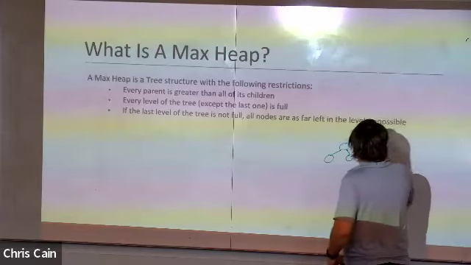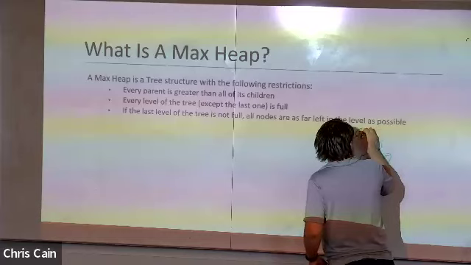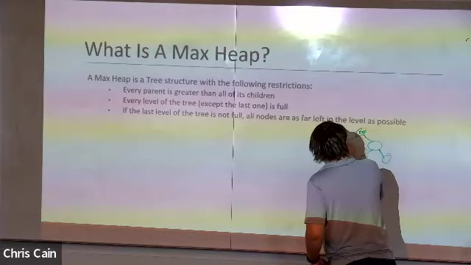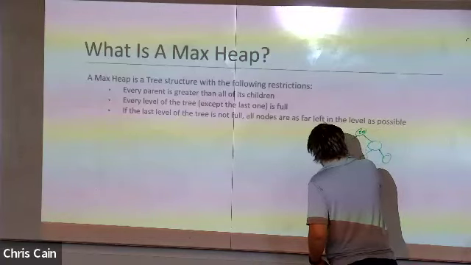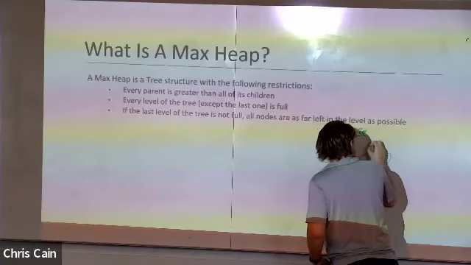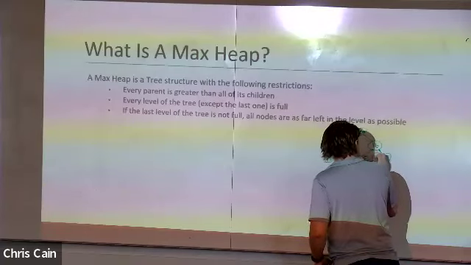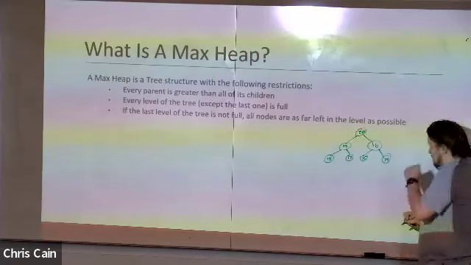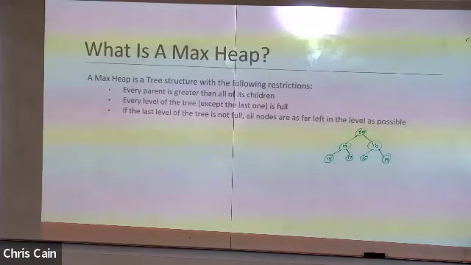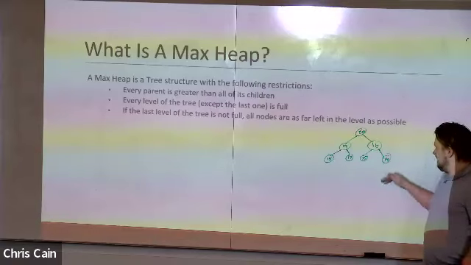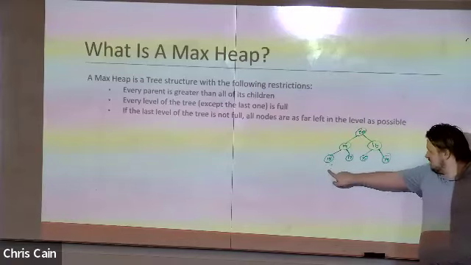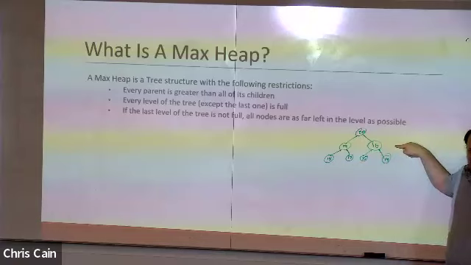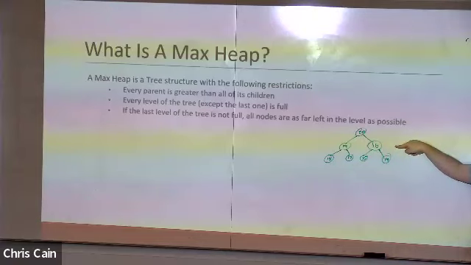So is this a legal heap? Yes, it is. There's nothing that says anything about level order, because this is deeper in the tree and it's larger than something that's shallow in the tree, that is allowed.